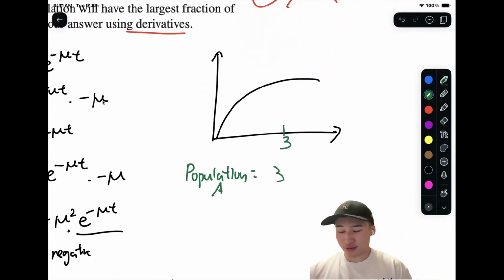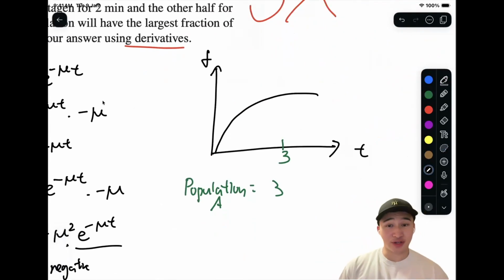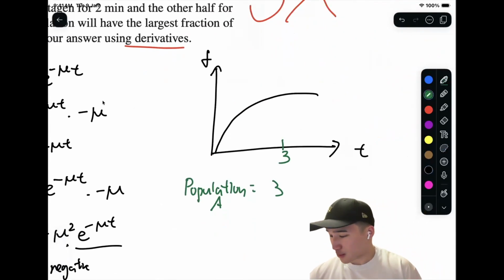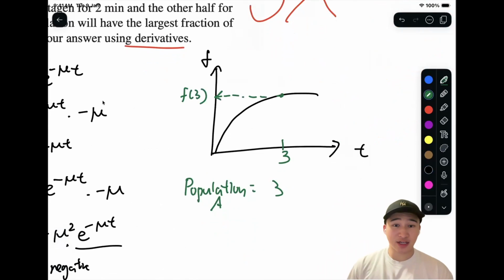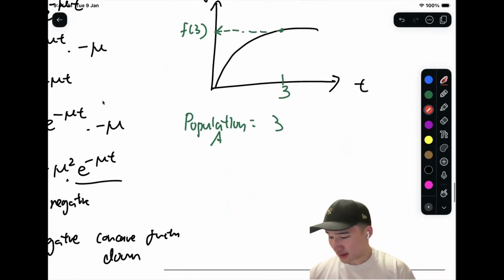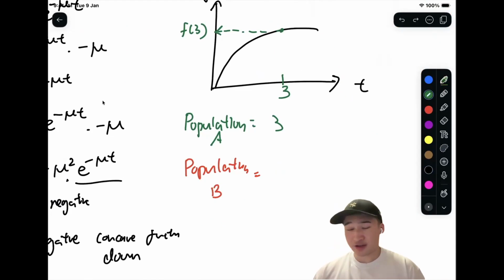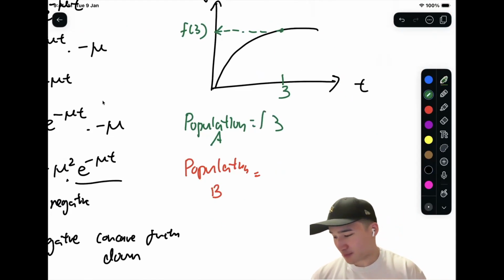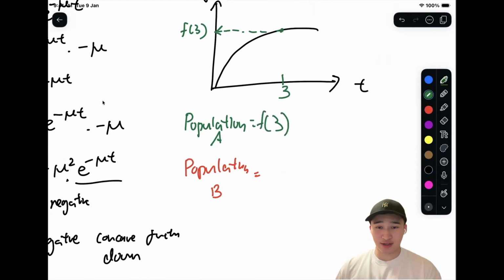And 3 is our input, our time, and our y is f, which is our fraction of mutation. So f(3) is the fraction of mutation at time t. But interestingly, for population B, just for clarity, I'm going to write f(3) because that gives you the fraction.